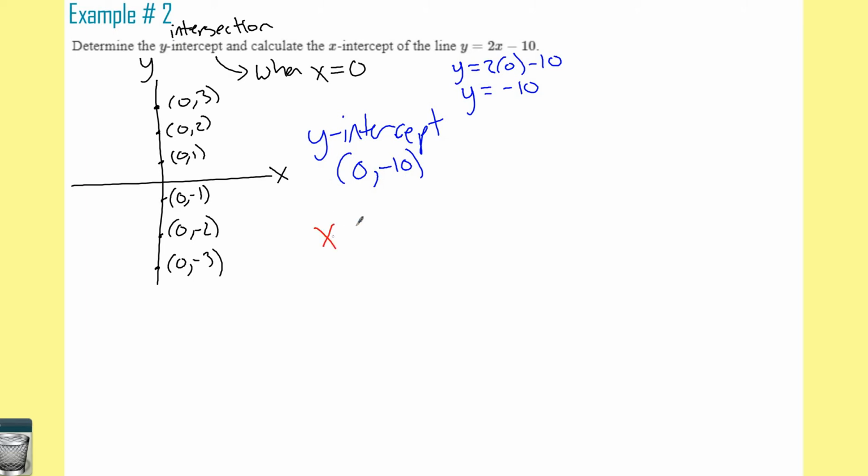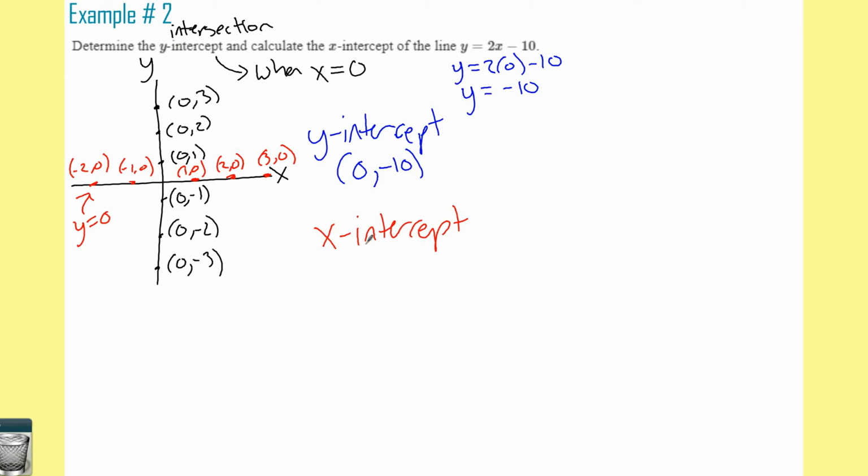For our x-intercept, think about all the points here. We're going to have negative 2, 0, negative 1, 0. Here is 1, 0, 2, 0, 3, 0. All of those points are when y equals 0.